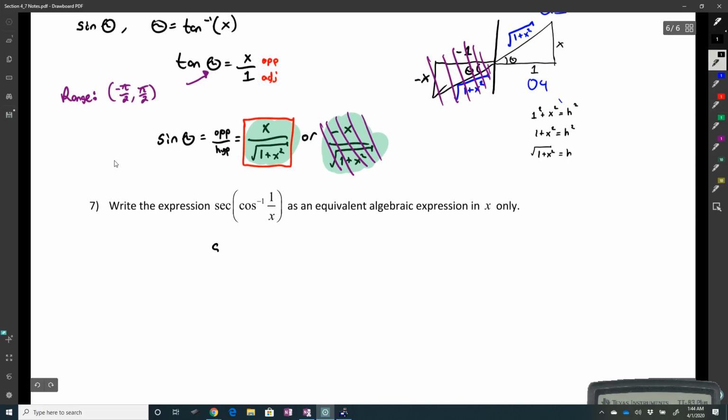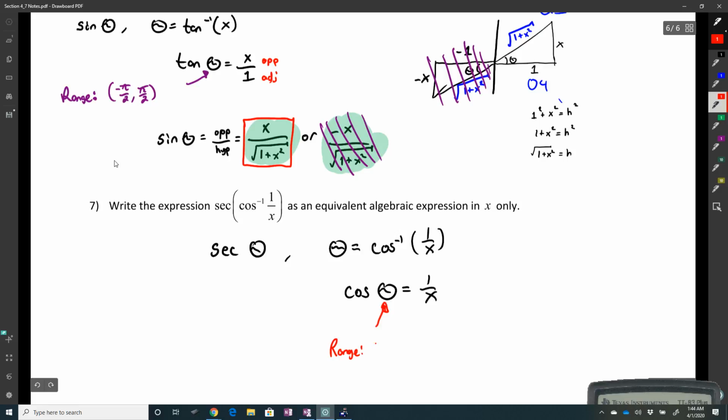Okay, so we're saying secant of theta is equal to what, where theta is the inverse cosine of 1 over x. Well, this means that cosine of theta is 1 over x. And, so I don't screw up this time, since we're dealing with cosine, the range has to be between 0 and pi. So this means it can only be in quadrant 1 or quadrant 2.